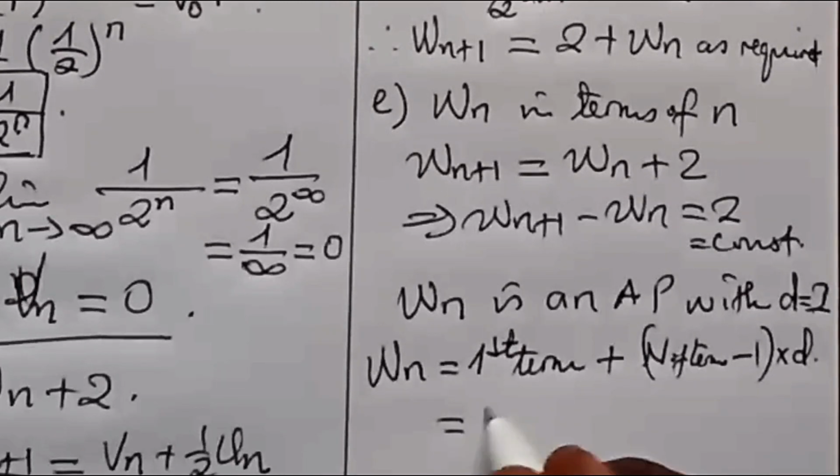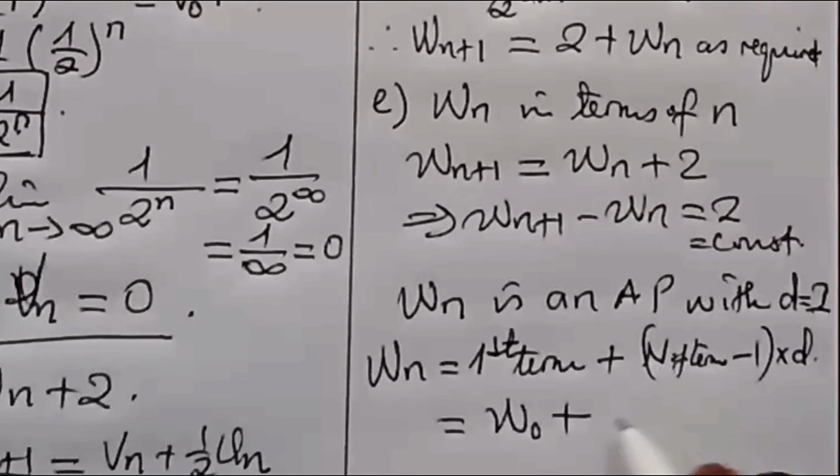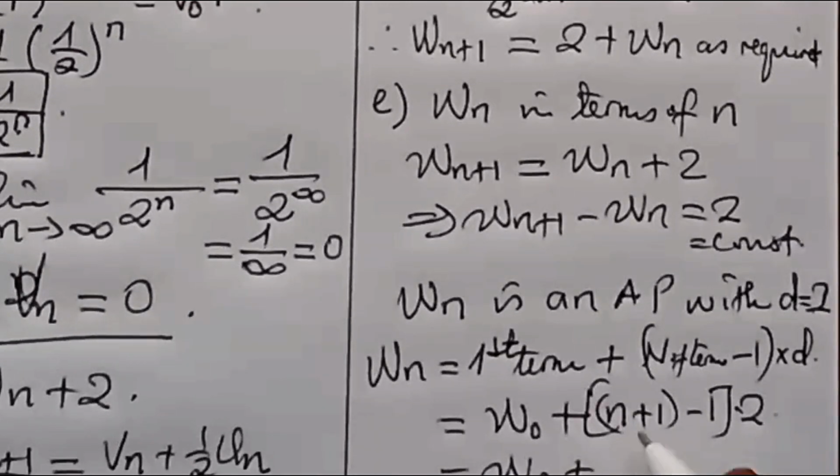That simply implies that we have W0 plus, since the first term is W0, the number of terms should be n plus 1 and then minus 1 times the common difference, which is 2. So we get W0 plus n plus 1 minus 1, which gives 2n.